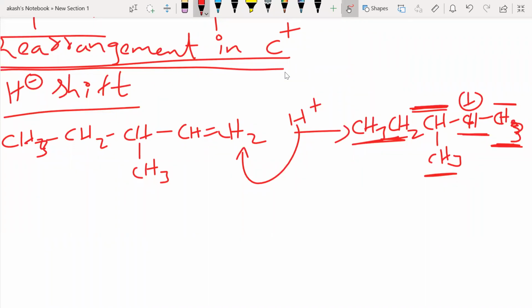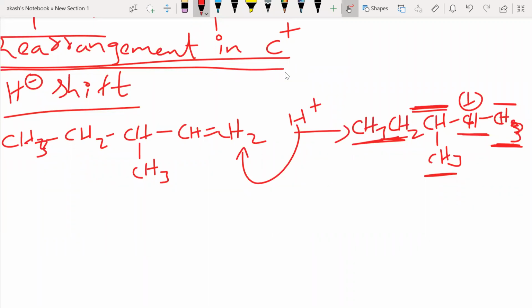If there is no possibility of forming a more stable carbocation, there is no question of rearrangement, guys. Please remember that. But in this case there is some scope, so the molecule will rearrange. A secondary carbocation is going to get converted into a tertiary carbocation.